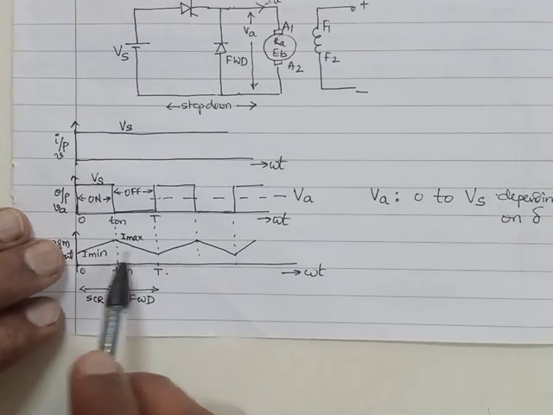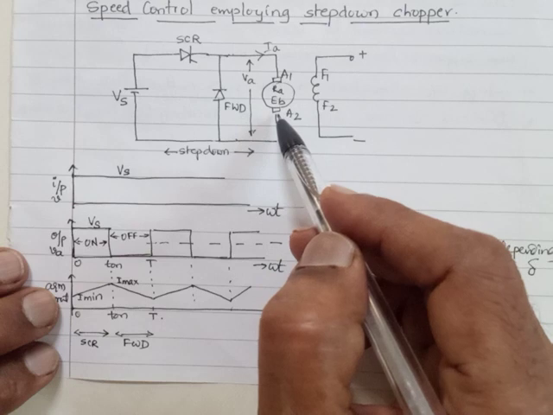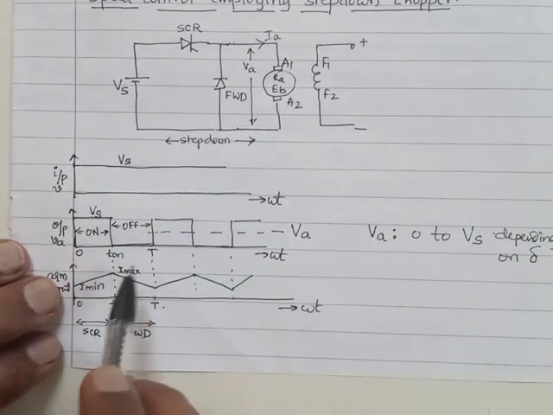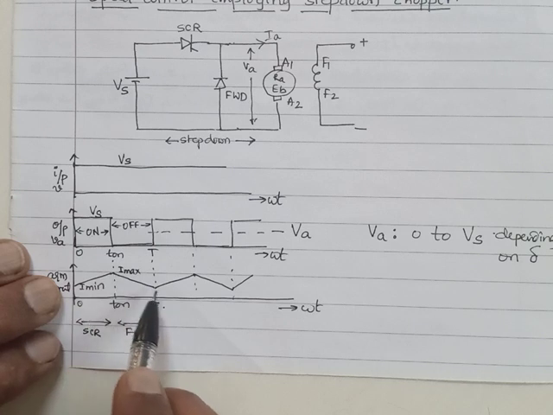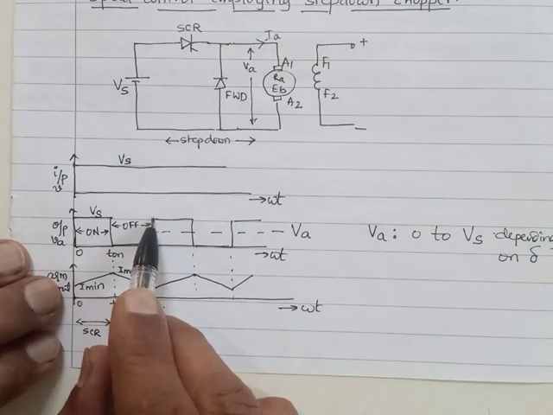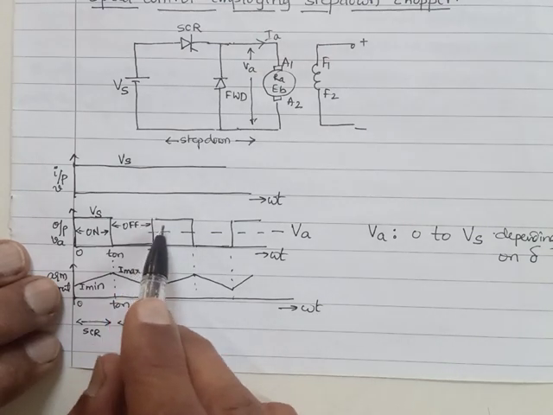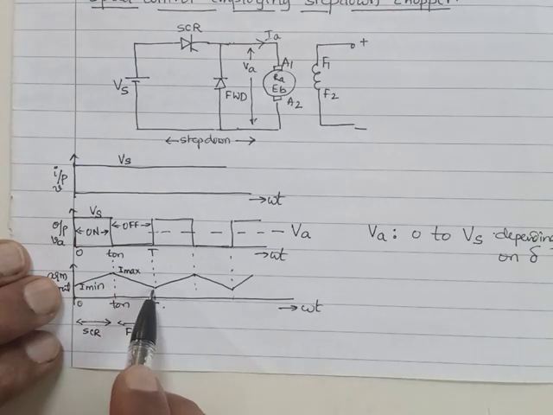Our assumption is the energy stored in the armature is so much so that the current is sustained even up to this point. Current doesn't come to 0. At this point, when we trigger the SCR, even up to that point, current is there in the armature. Energy stored is that much.